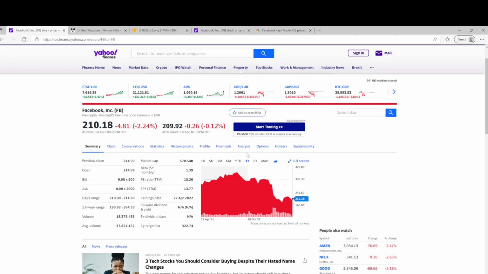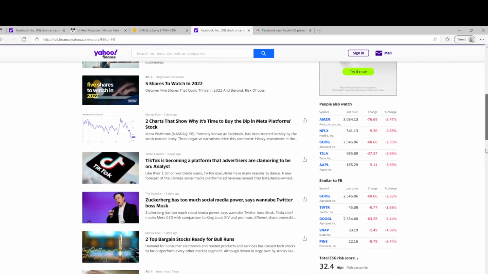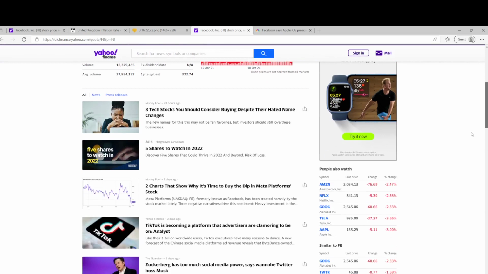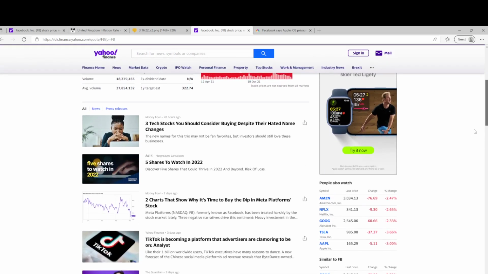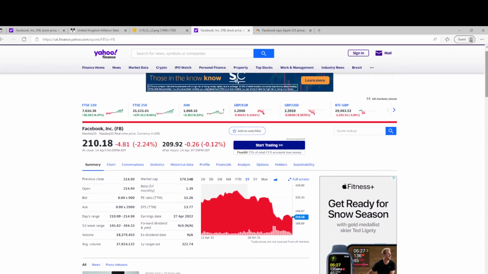So with big stocks like this, you can normally find the news on places like Yahoo within a day or so. Smaller stocks, you probably have to dig a little bit deeper, or you may not even find it. It may be something more behind closed doors that the institutions will know about.